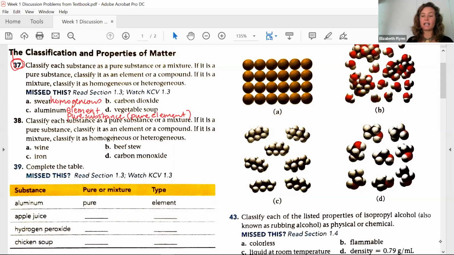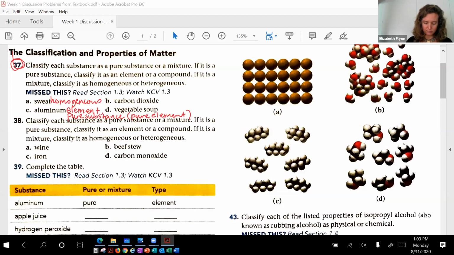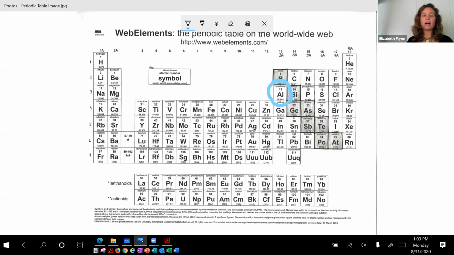What about carbon dioxide? We can look at the periodic table.